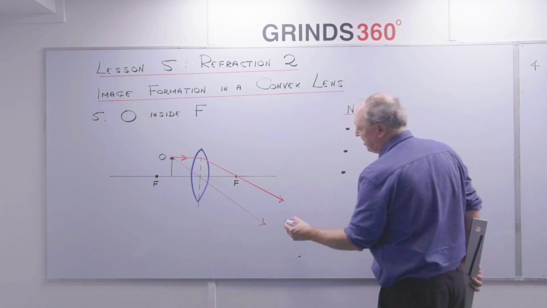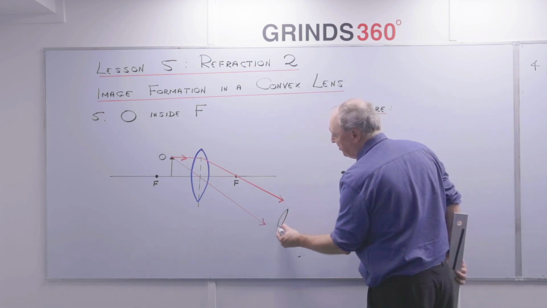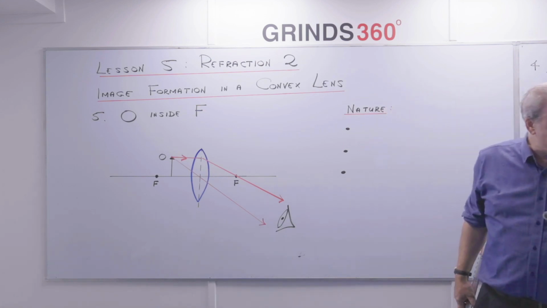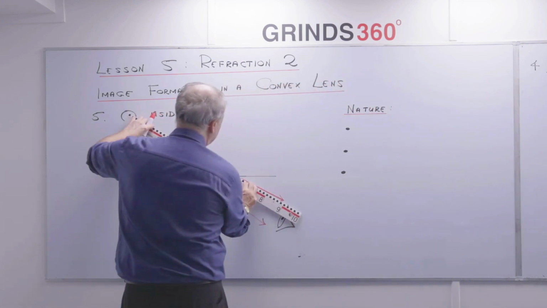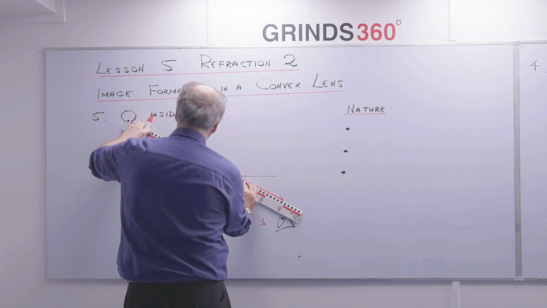But if I take someone's eye, you saw this earlier in mirrors. Here's someone's eye. In their mind's eye, they will work them back from where they came. So they'll work those rays of light back in a straight line from where they came.